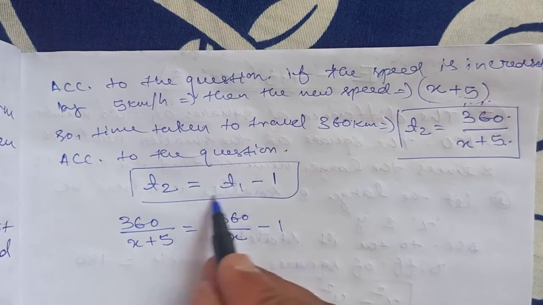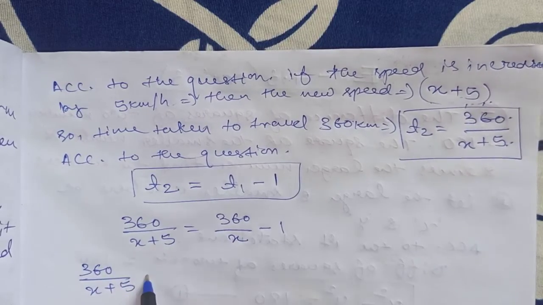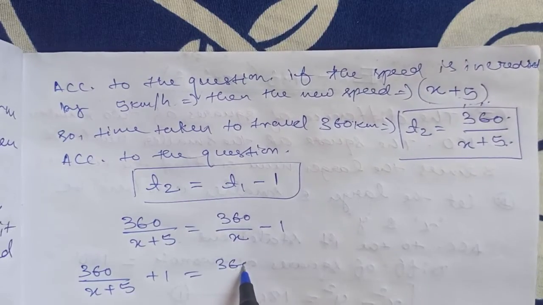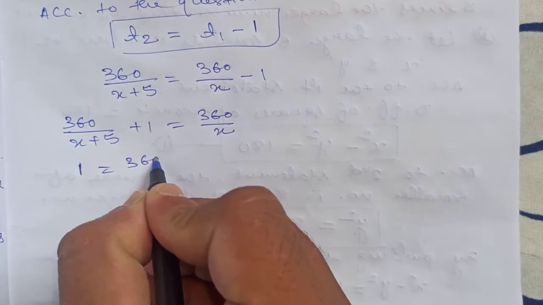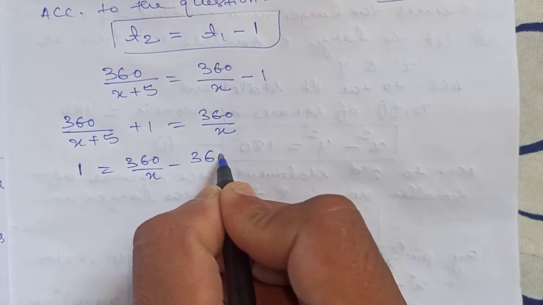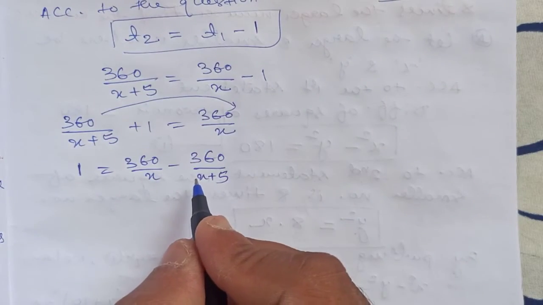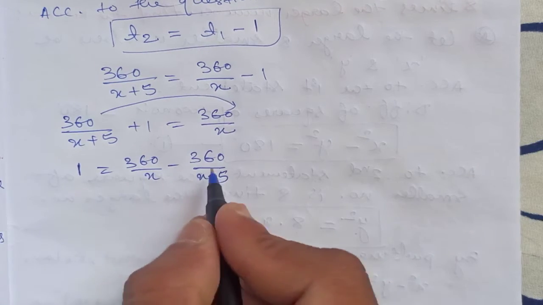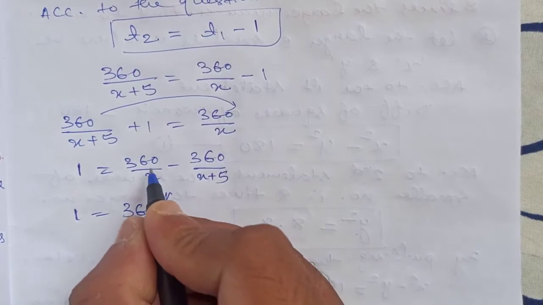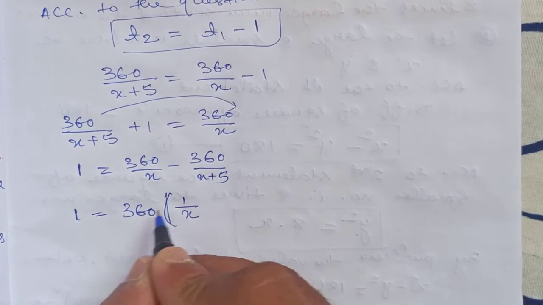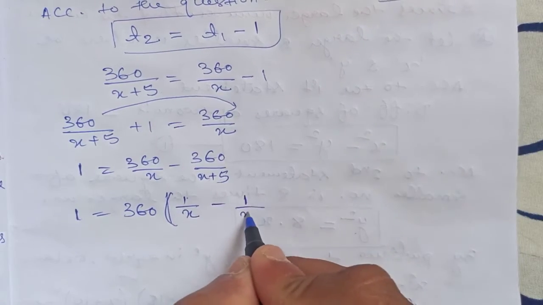Now bring 1 this side, you will get 360 by x plus 5 plus 1 equals 360 by x. We will get 1 equals 360 by x minus 360 by x plus 5. This term I brought towards the RHS. Now take out 360 common, so we will get 1 equals 360 into 1 by x minus 1 by x plus 5.